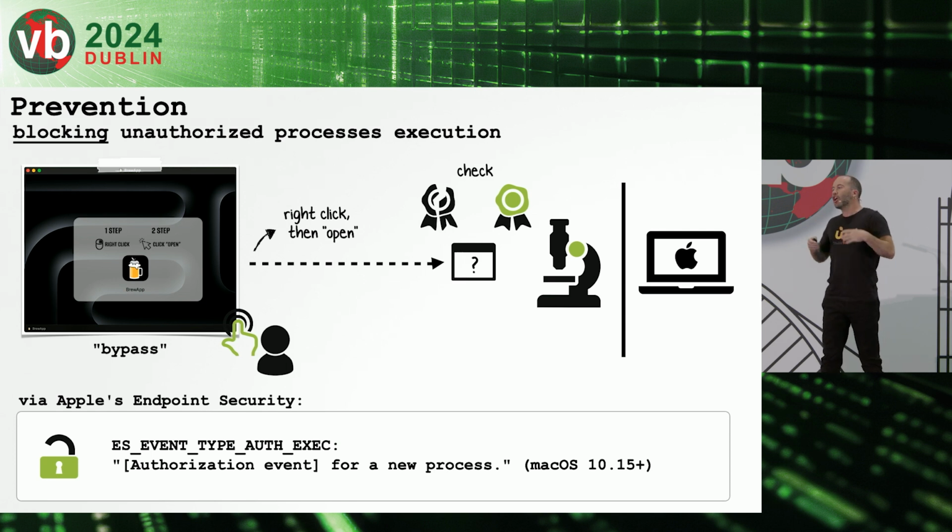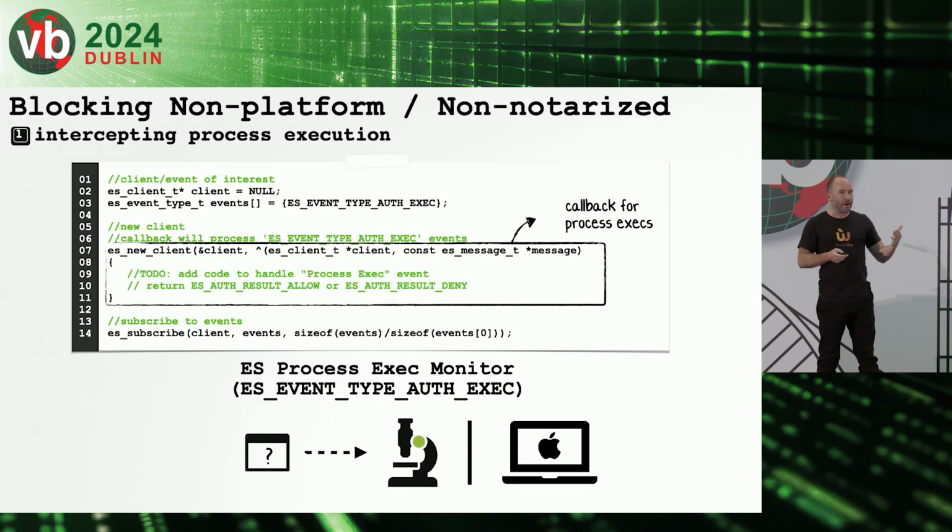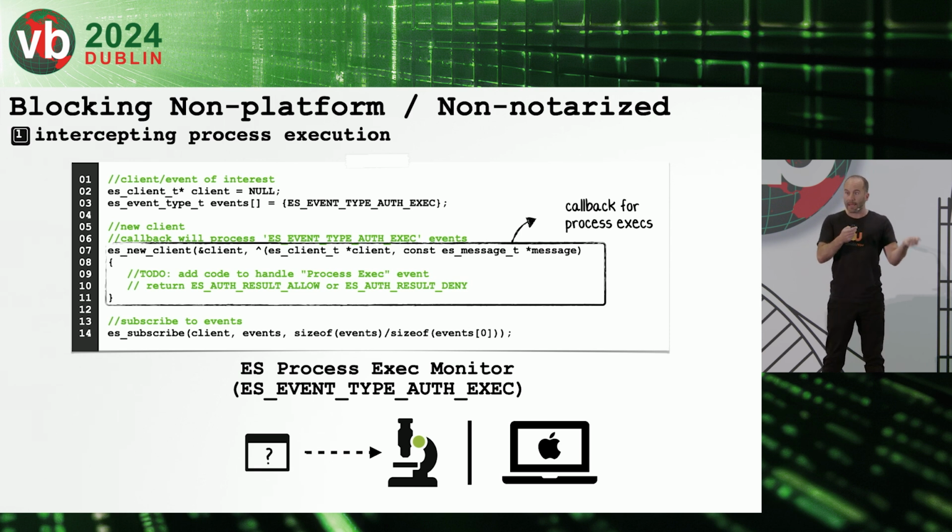The idea is you can register for an authorization event, and then for any new process that is spawned, the operating system will intercept that, pause it, and then come and ask you, should I allow this process? And you can then instruct the operating system to either authorize and allow it or deny it. And if you deny it, it will actually block the program from executing. So that's super, super powerful. Really thanks to Apple for giving us these capabilities that we can use in user mode.